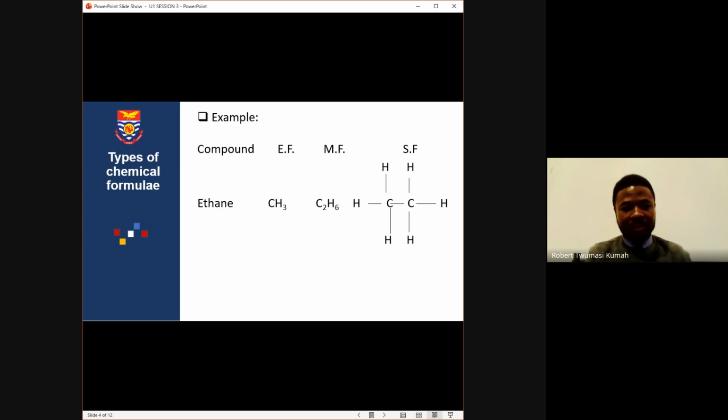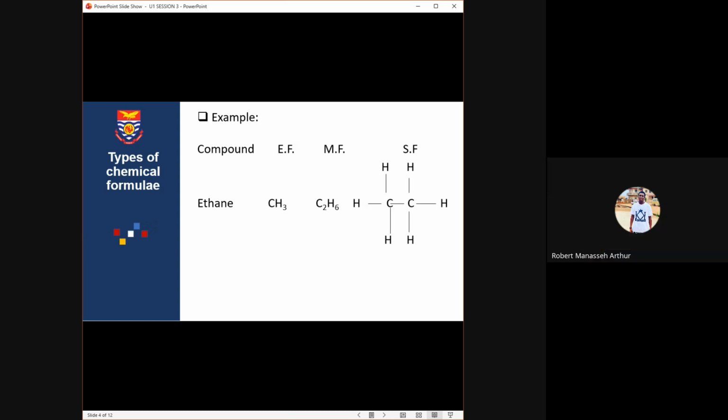Yes, Robert. The empirical formula is going to be CH2O. Then the molecular formula is going to be C subscript 6, H subscript 12, then O subscript 6.